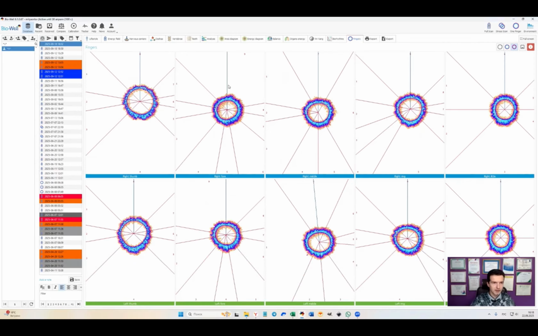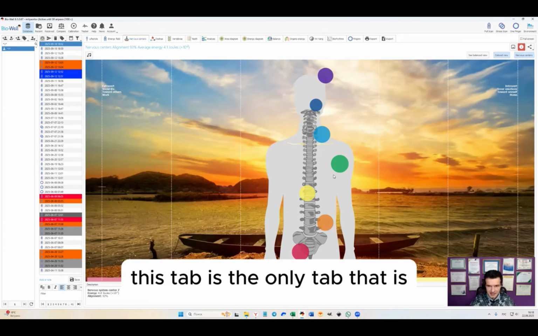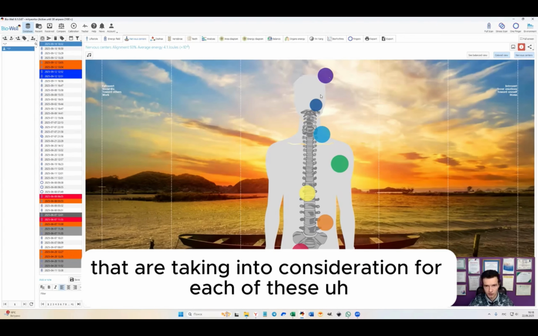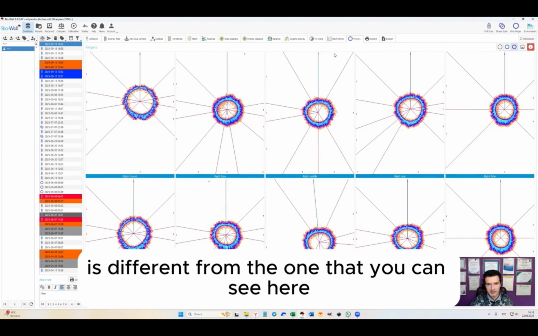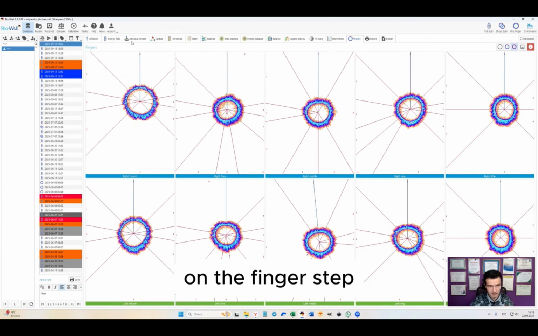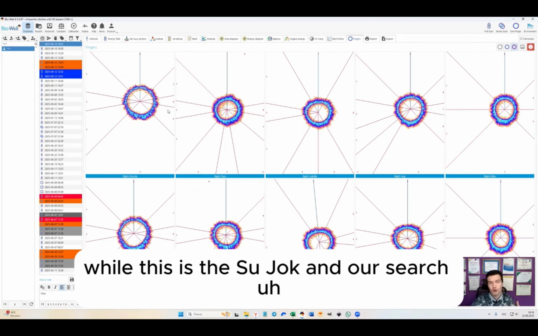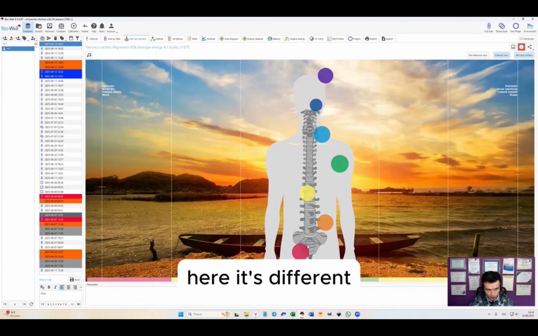But for example, if we talk about the chakras or nervous centers, this tab is the only tab that is based on another concept. The sectors that are taken into consideration for each of these nervous centers or chakras are different from the ones that you can see here on the fingers tab. So this is the Ayurvedic approach, while this is the Su Jok and our research acupuncture point system approach. Here it's different.